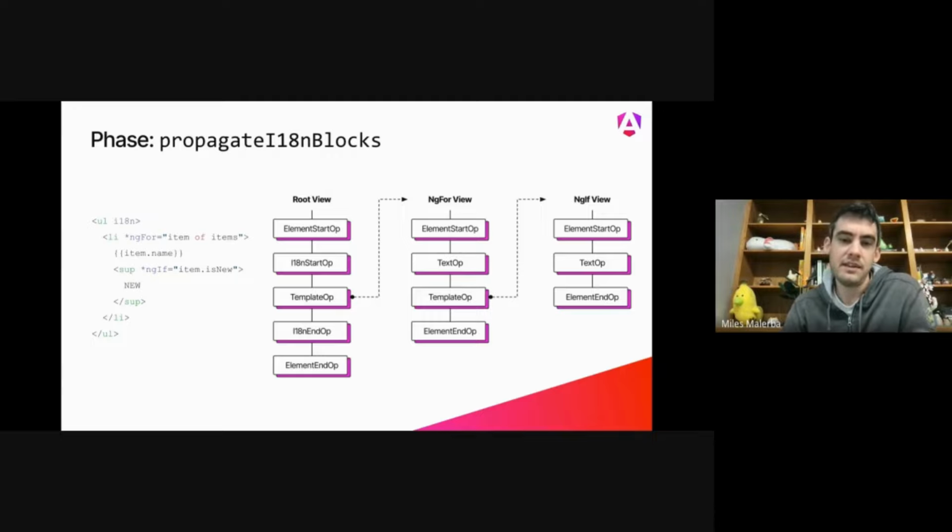Inside the element start, it's got this text, another template for the ngIf, and then the end element. The ngIf one is super simple: just start of element, some text, and then end of element. So what we want to do in this propagate I18N blocks phase is push these I18N ops down through these child templates.